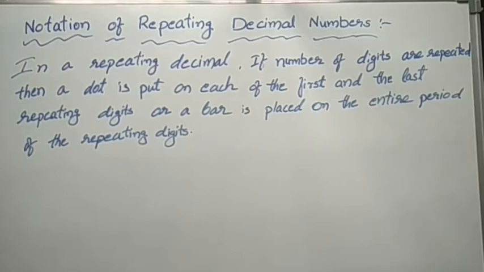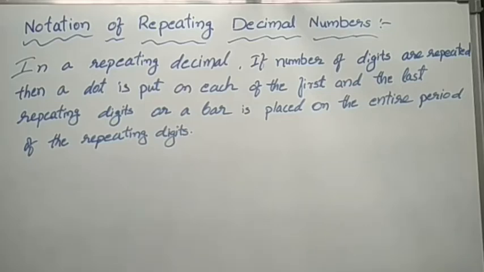Notation of repeating decimal numbers. In a repeating decimal, if a number of digits are repeated, then a dot is put on each of the first and the last repeating digits, or a bar is placed on the entire period of the repeating digits.